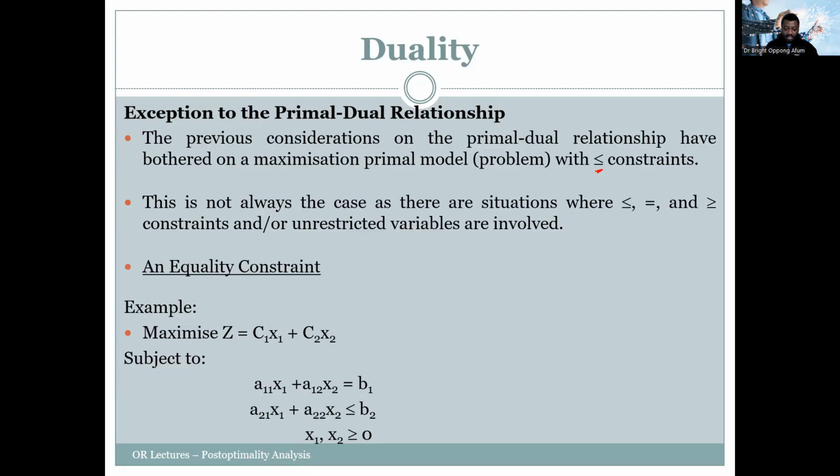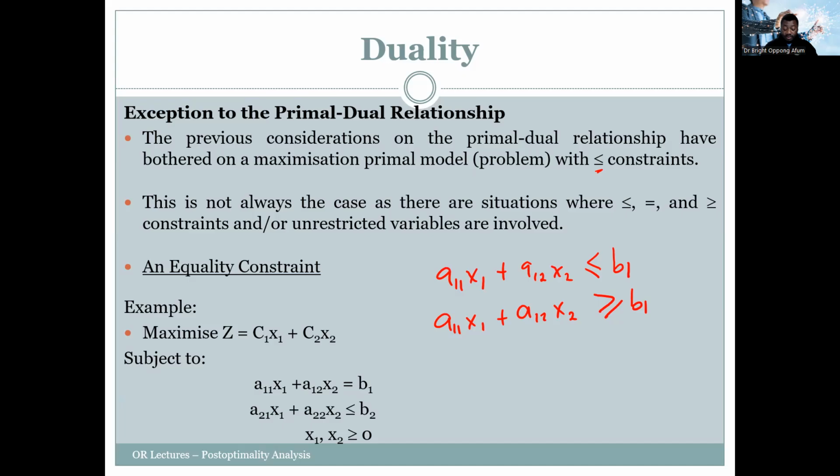What that means is usually A11x1 plus A12x2 is less than or equal to B1. And again, A11x1 plus A12x2 can also be greater than or equal to B1.